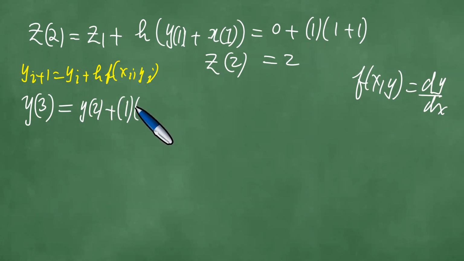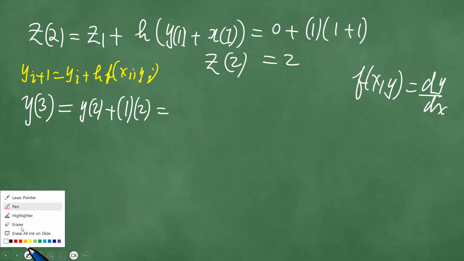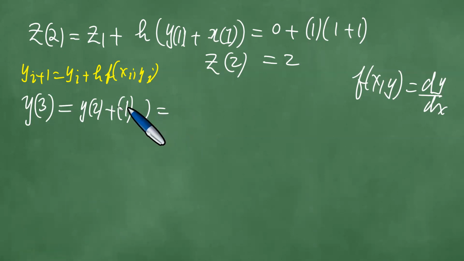What is z at 2? It is exactly 2. So you can write here h plus z(2), which is like y primed.